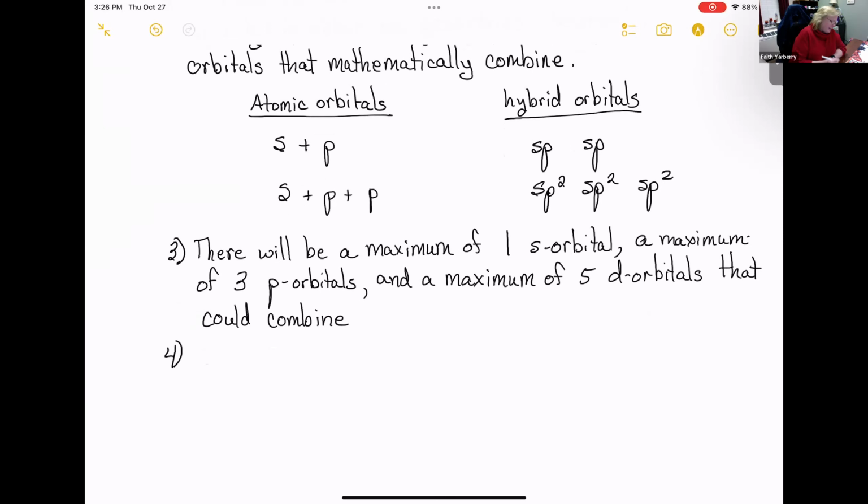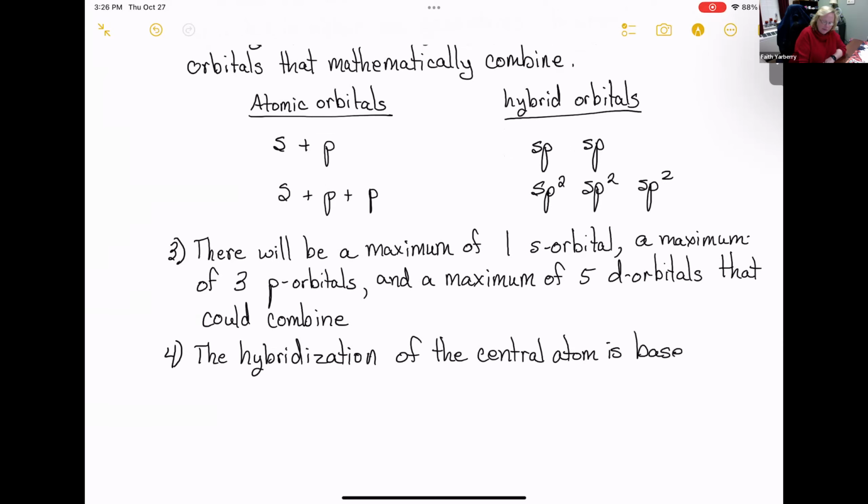Now, the fourth point is that the hybridization of the central atom is based on the electron geometry of the molecule.